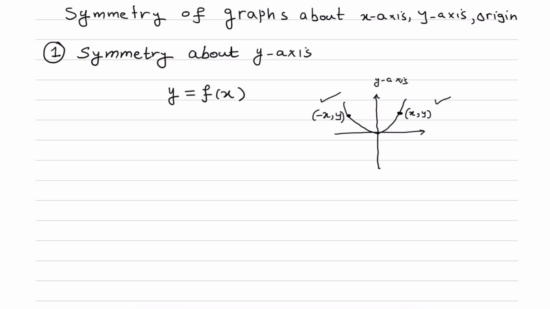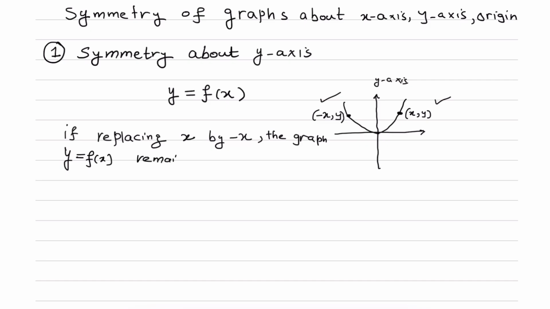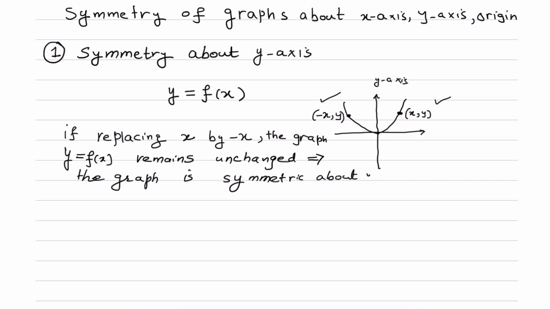Or we will say that if replacing x by minus x, the graph y equal to f of x remains unchanged, it means that the graph is symmetric about y-axis.